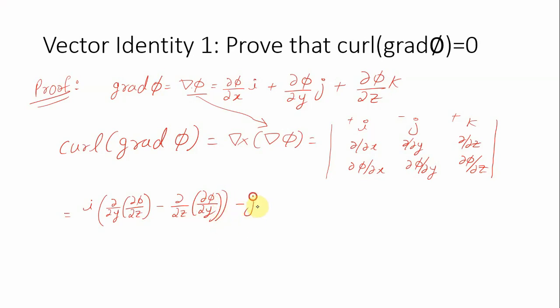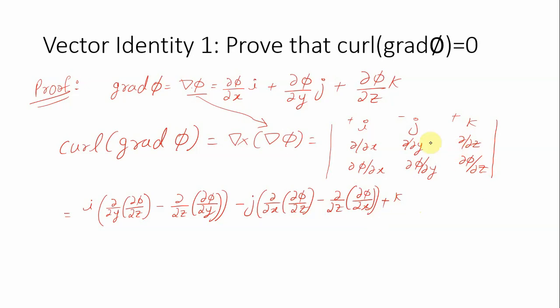Then minus j. When we take minus j, please leave this row and column. Multiply this element, students. Dou upon dou x into dou phi upon dou z minus dou upon dou z dou phi upon dou x. Now I will continue with the plus k.